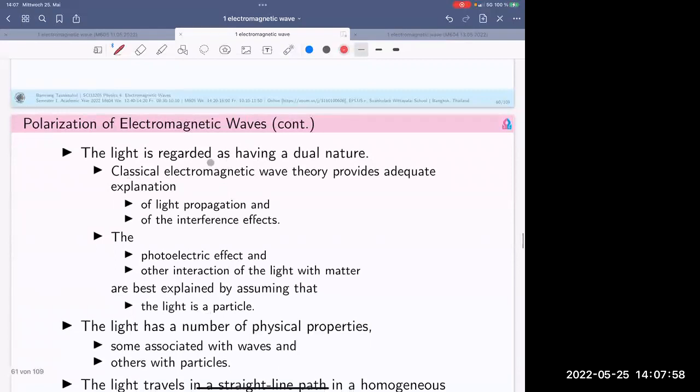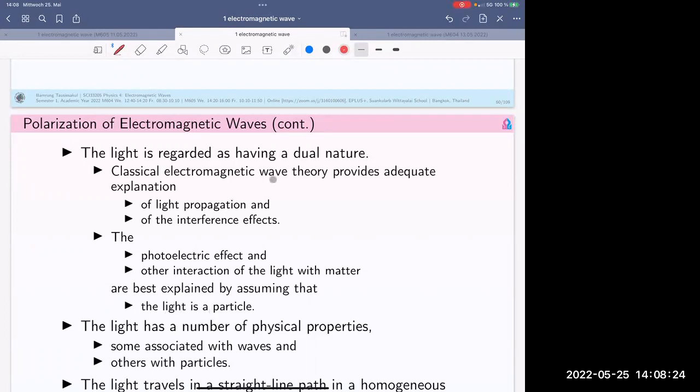Okay, and that's why they say light has dual nature, has two natures. The first one is the same as the classical electromagnetic wave theory. It's only an electromagnetic wave, but when it interacts with some matter or particle, we're going to see that the light is a particle.